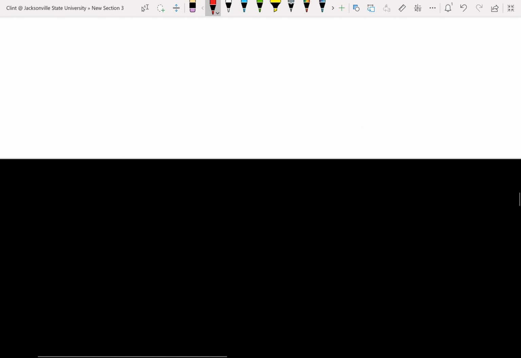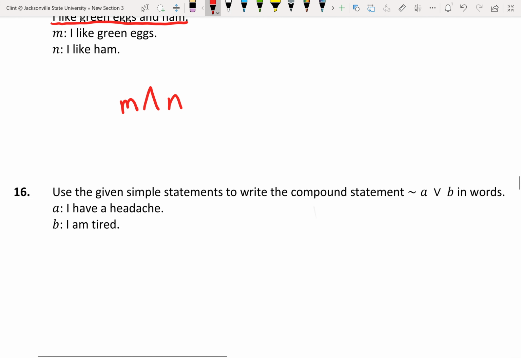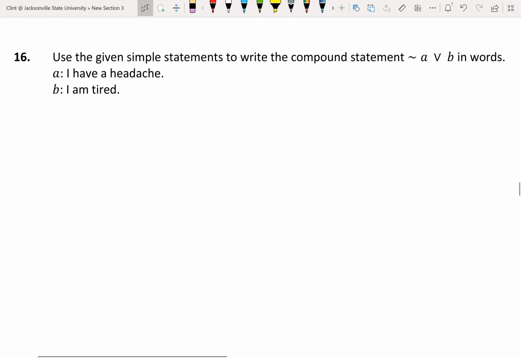16 is going the other direction. It gives us, sorry about that, it gives us the symbolic statement and says express it in words. So this first part here says squiggle A, so we've got to negate A. A is I have a headache. So if we negate that, we could say I do not have a headache.